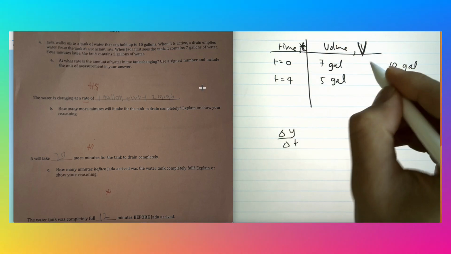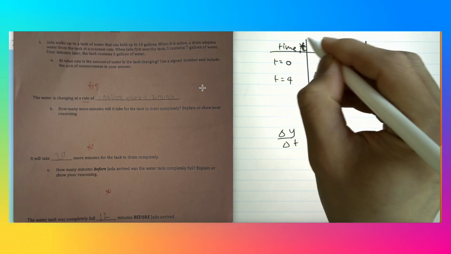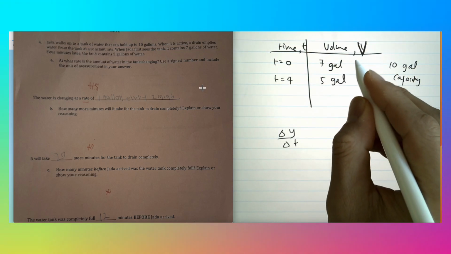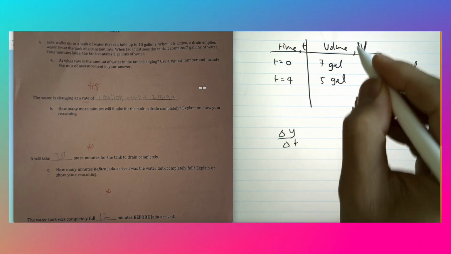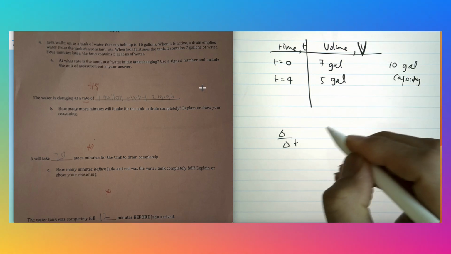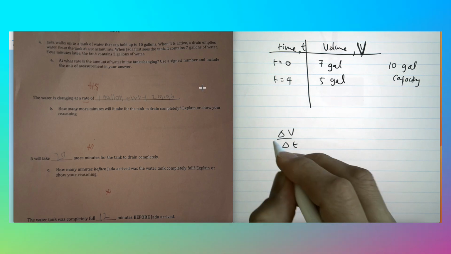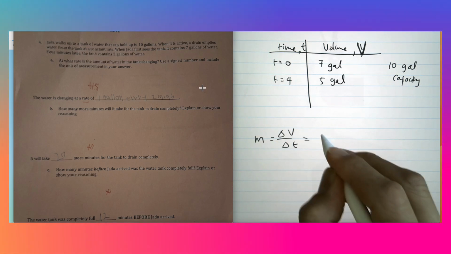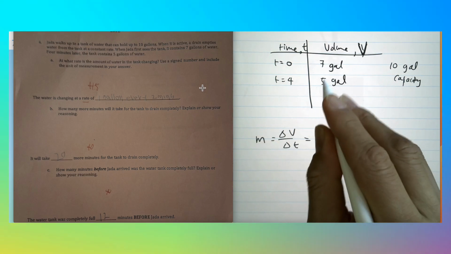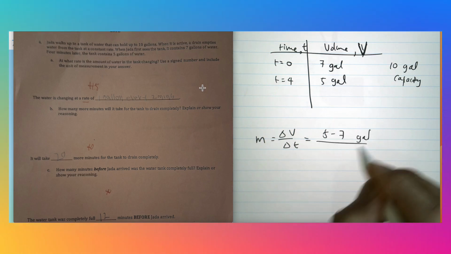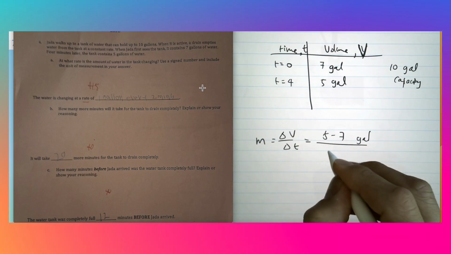But I already said that the volume is the dependent variable. So I would say change of volume, which depends on the change of time. So that's our slope here. And I'm going to say 5 minus 7. On the top we have a gallon unit, and on the bottom we have 4 minus 0.